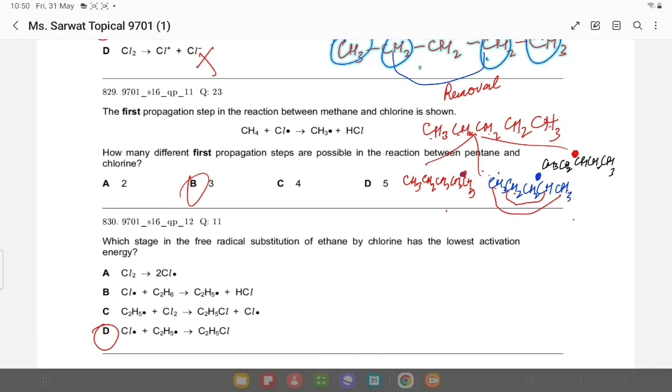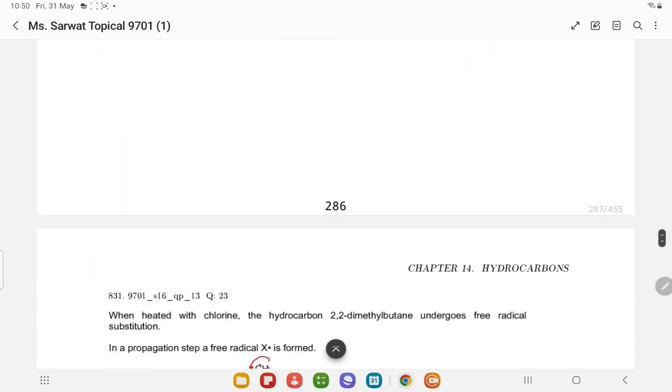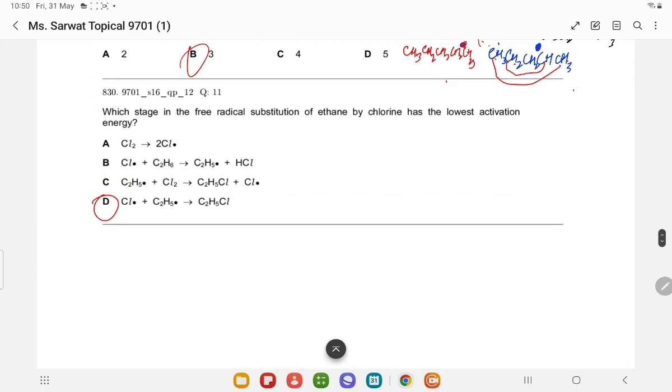Next question is, which stage in the free radical substitution of ethane by chlorine has the lowest activation energy?